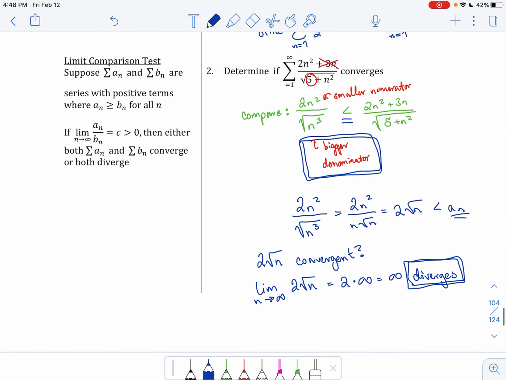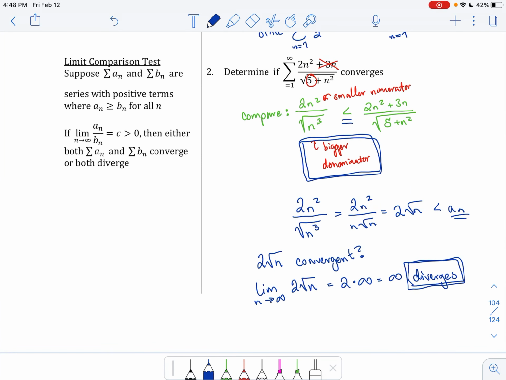You'll notice here I didn't actually use the limit comparison test in either of them. I just find it easier to create one to compare it to and use my logical thinking skills with either an integral test that I recognize or a p-series that I recognize.